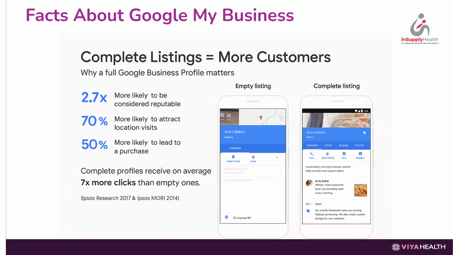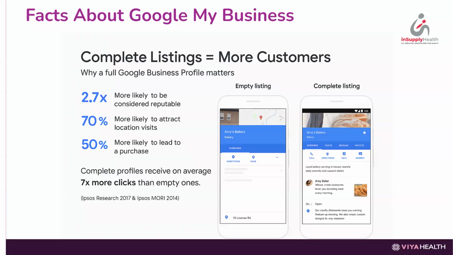We have new people also, they are moving, or rather they are also traveling during this holiday season. So Google Business comes in handy in terms of handling such customers. So you are 2.7 times more likely to be considered reputable if you have a Google Business profile. So you look reputable, you look to be a trustworthy pharmacy.